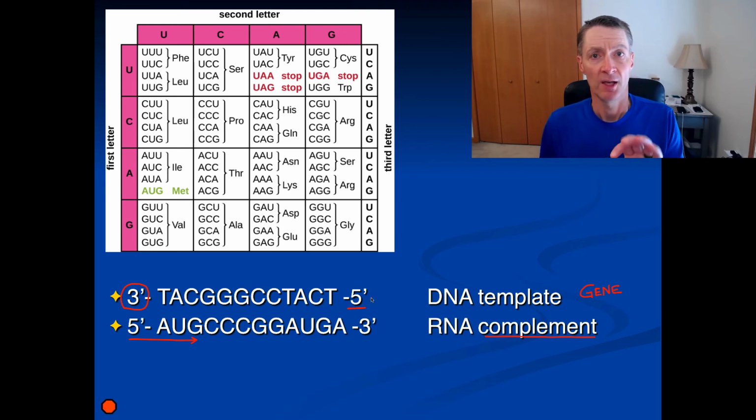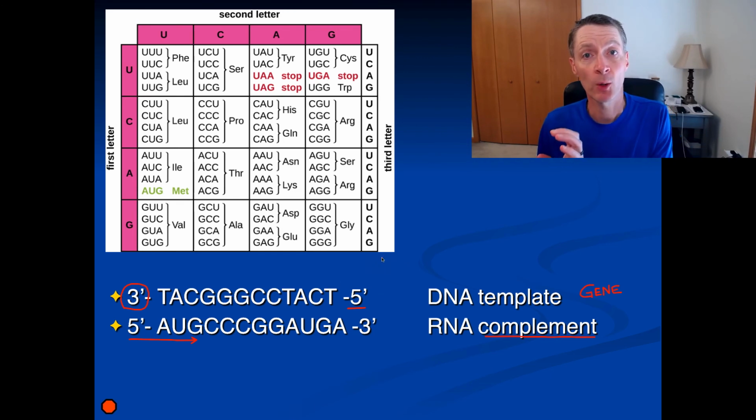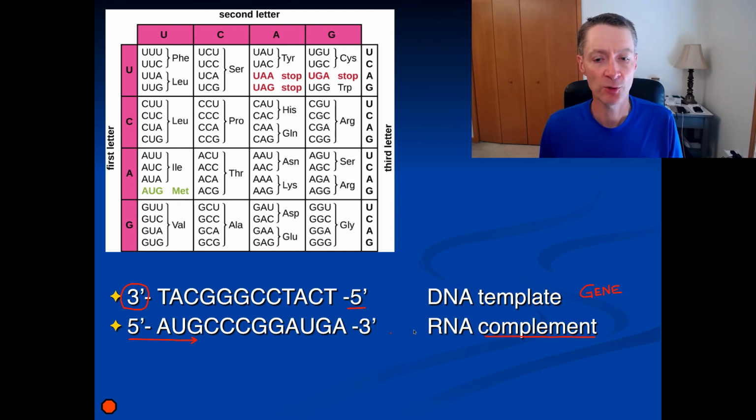Now, if I pose to you the question, from this gene, what will the sequence of amino acids be? What I would then do is I would take my transcript, take my RNA, this is our mRNA transcript, and I'd use the chart.